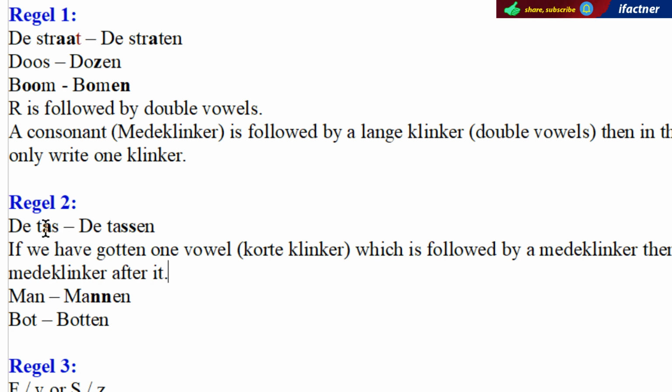Now we have got a word, the tas. Tas is a bag. If you see its spelling, then it is T-A-S. There is a korte klinker. There is a single vowel in this word, which is followed by a medeklinker.